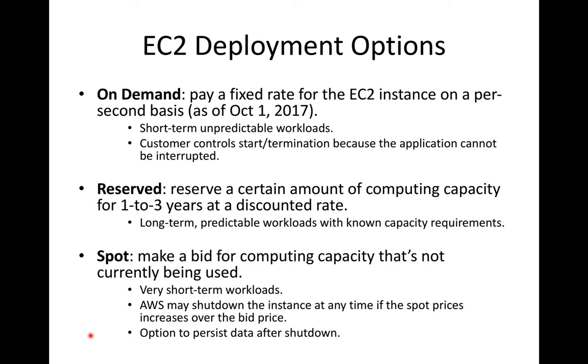The third deployment option is a spot deployment. A spot deployment is really cool because it allows you to bid for computing capacity on AWS that is not currently being used by other customers.